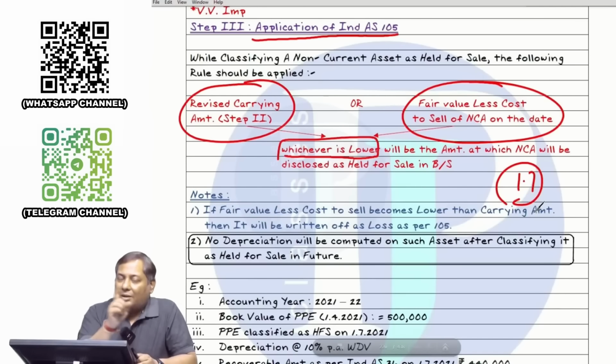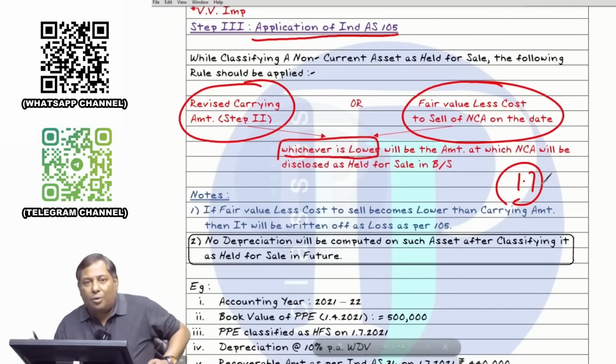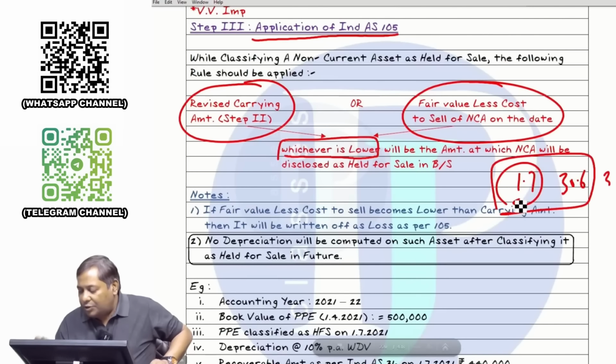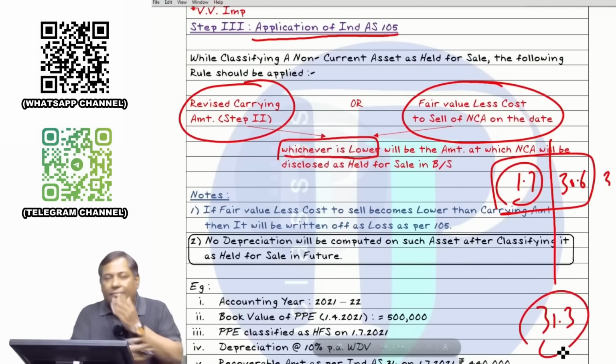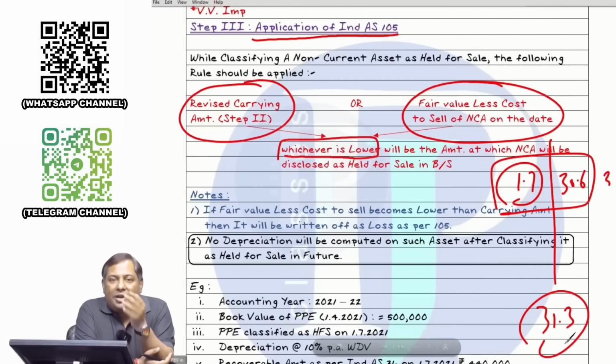And one more thing. I told you recently that sales are highly probable. So if you come to HFS on 1st July, then you have to complete this work before 30th June of the next year. But 31st March will come in between, and as soon as 31st March comes, valuation will be done again.